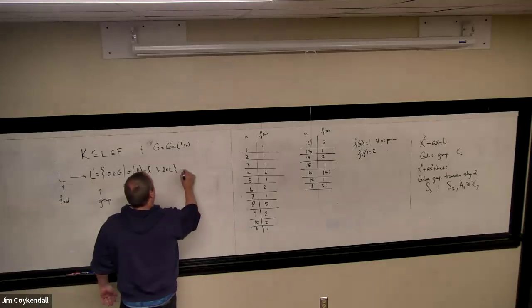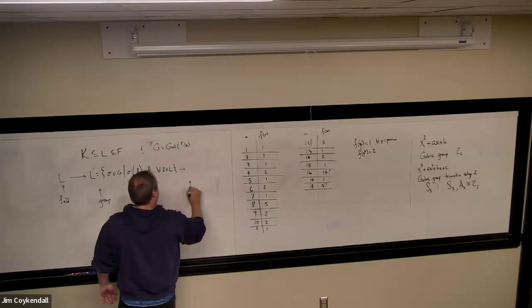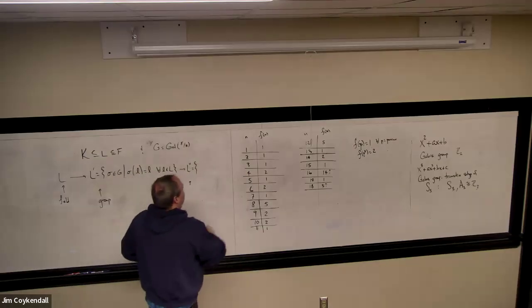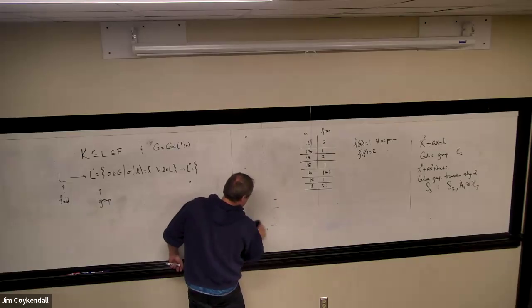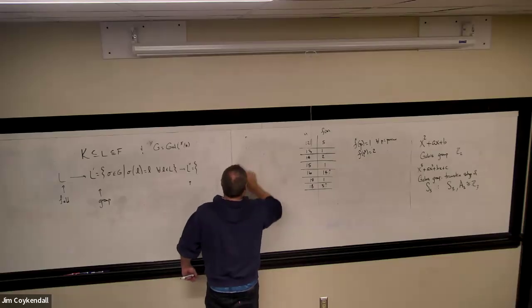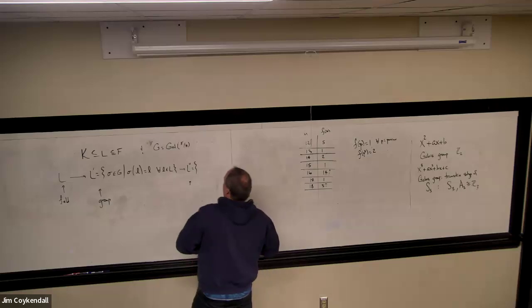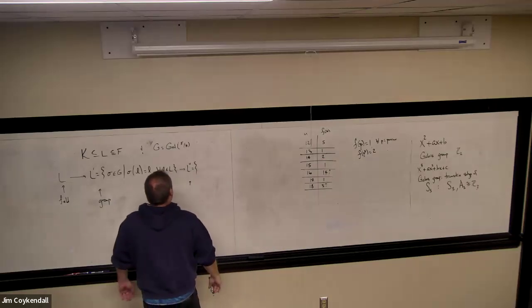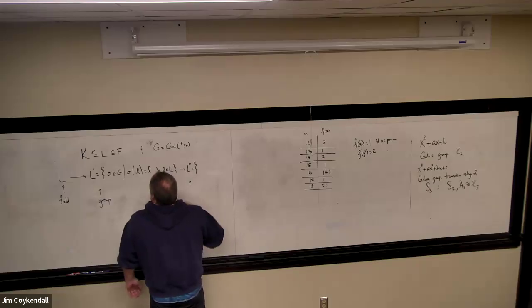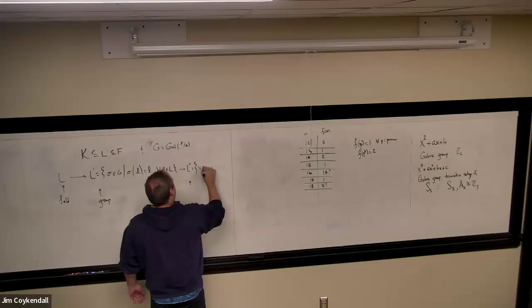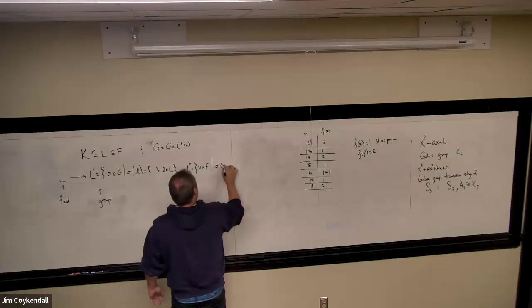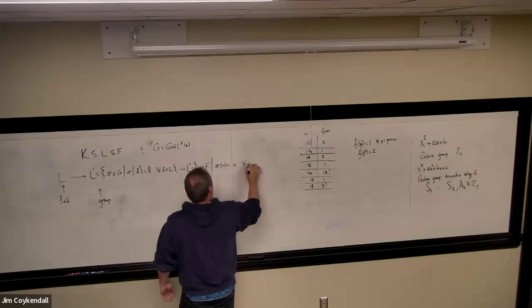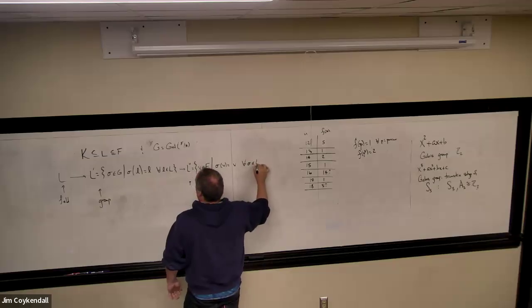So this is all the automorphisms that fix everything in L. Now you go back to a field, L double prime. L double prime is the set of v in F such that sigma(v) is equal to v for all sigma in L prime.